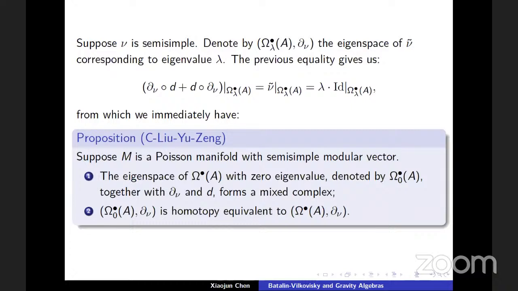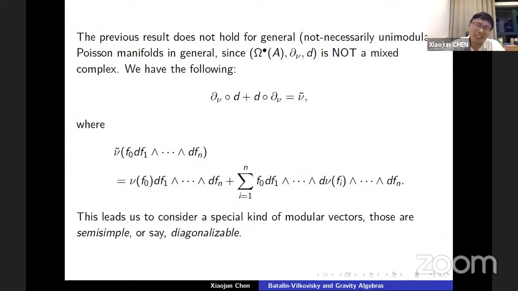Sorry, may I get back again to this semi-simplicity? What does it mean geometrically? Are there some examples of such semi-simple cases?